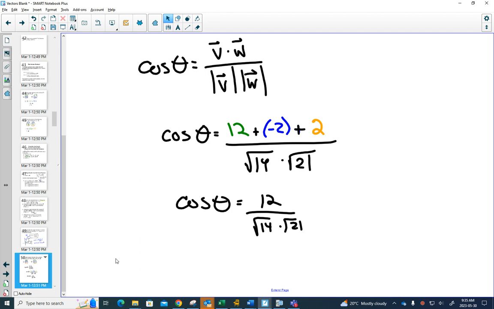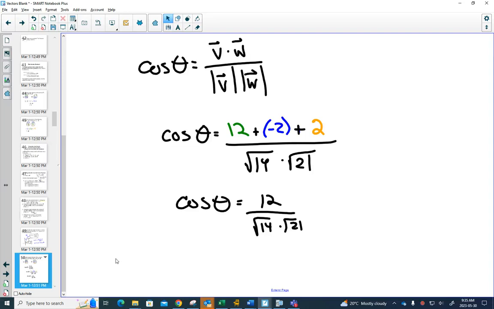If you were solving this as a trig question, you would use your CAST rule and say it's in quadrant 1 and quadrant 4 because it's positive, and then you would have to write the general solution by going plus 2k pi, where k is an element of all the real numbers. That would give you all the solutions for theta.